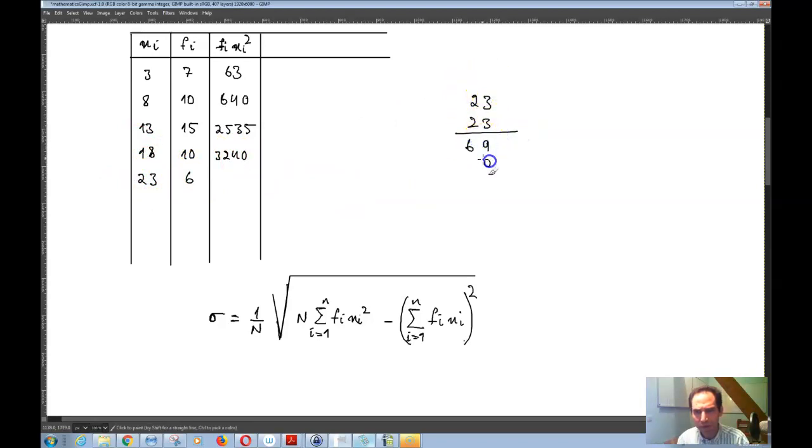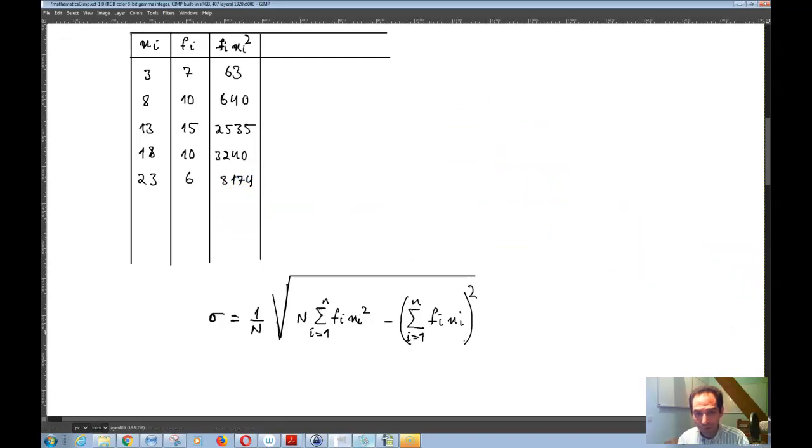That is 529. 529 times 6 is equal to 3174. So that's one part.